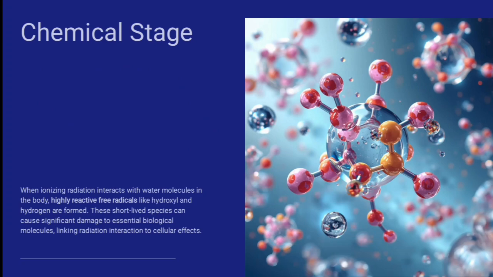When radiation interacts with water molecules, it causes radiolysis of water, producing highly reactive free radicals such as hydroxyl OH or hydrogen H. These free radicals are unstable and react rapidly with nearby biological molecules. This chemical stage is short-lived but critical. It links the physical interaction of radiation to its biological effects.